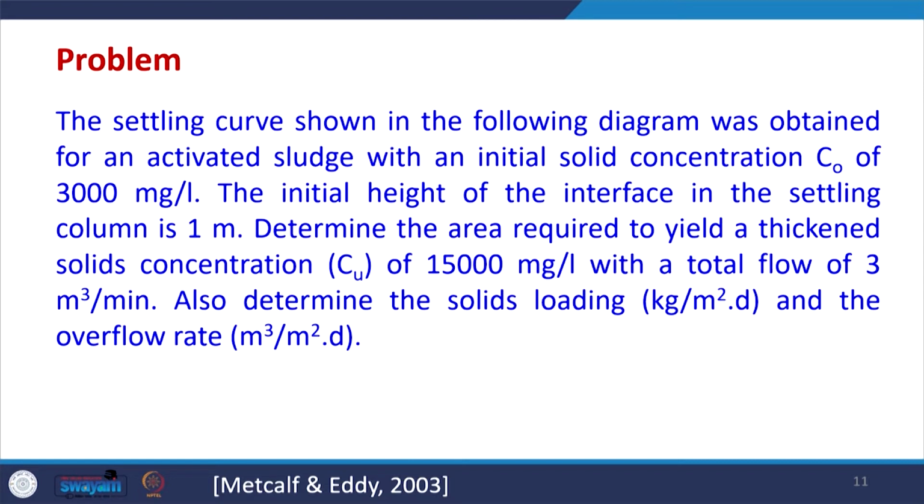A settling curve is shown in the following diagram on the next page, which was obtained for an activated sludge system which contained an initial solid concentration C0 of 3000 milligram per liter. So, this is given. The initial height of the interface in the settling column is 1 meter. The curve is shown here, this type of curve.